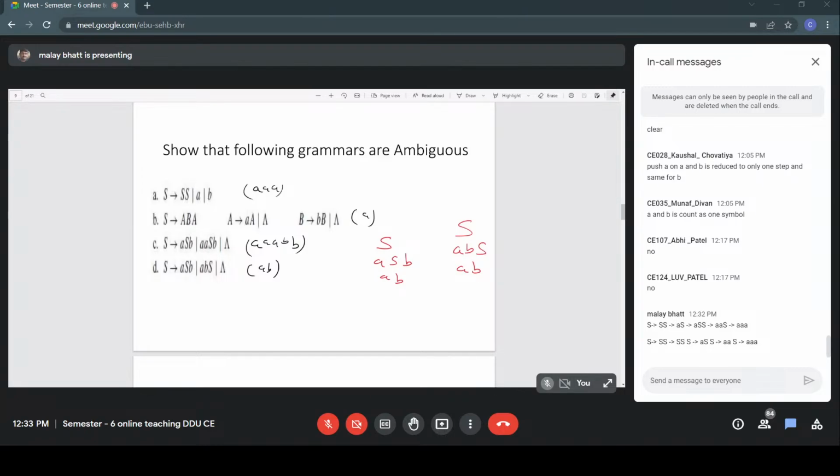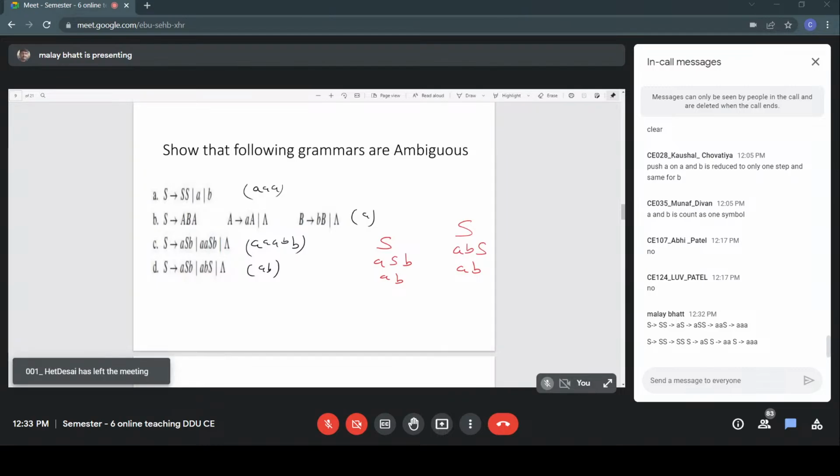Okay, so can you generate two leftmost derivations for the string A for the second grammar in the chat window like this? Can you do that? Anyone? Can you generate two leftmost derivations for the string I have given?